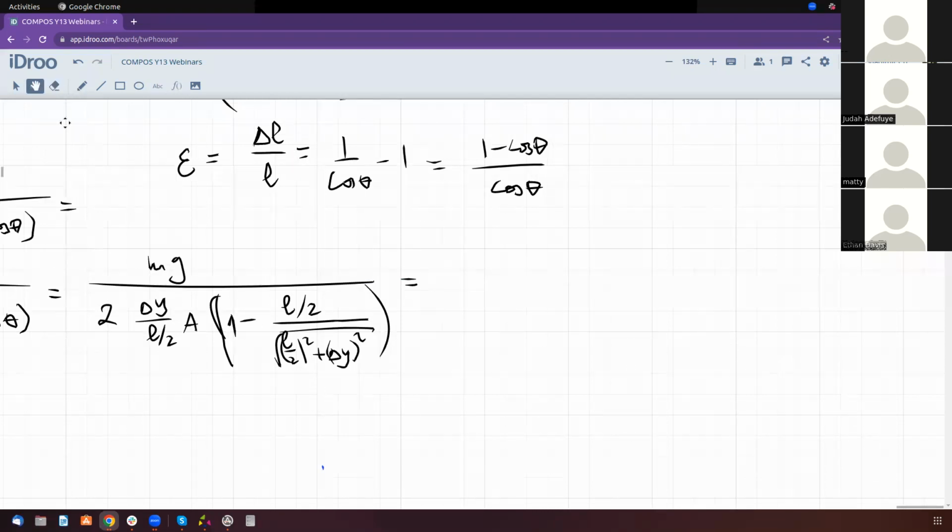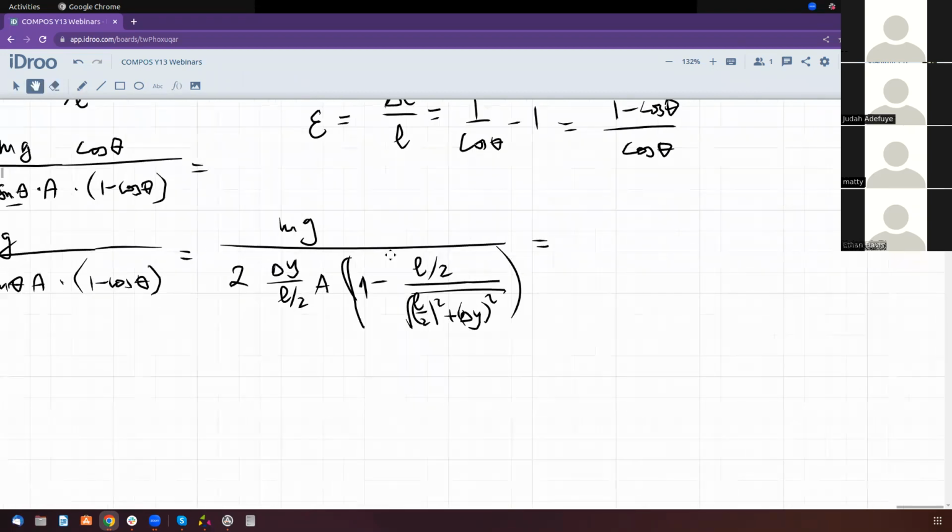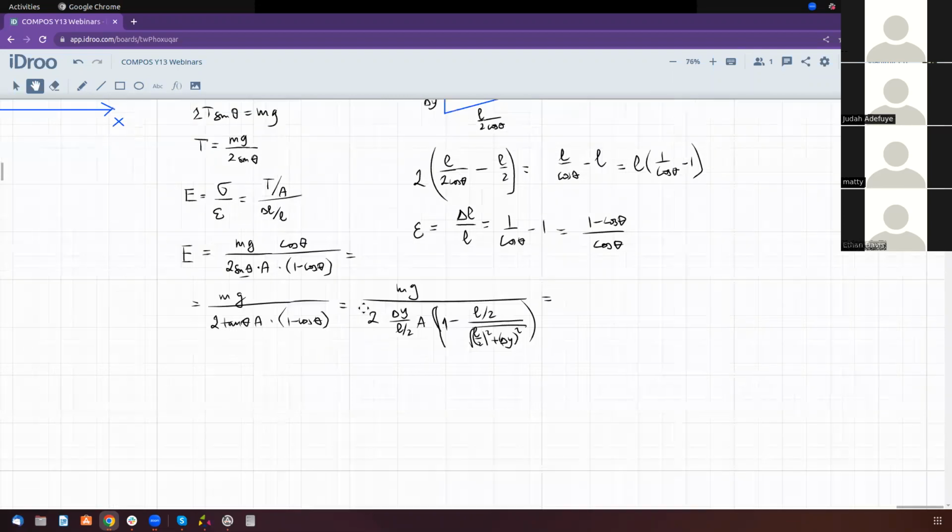Is that what we are expecting? Well, yes, because Young's modulus is measured in pascals, which is newtons per square meter. So at least unit-wise, I haven't messed it up. Okay, there are many other ways I can mess it up, but it looks like the answer does make sense.